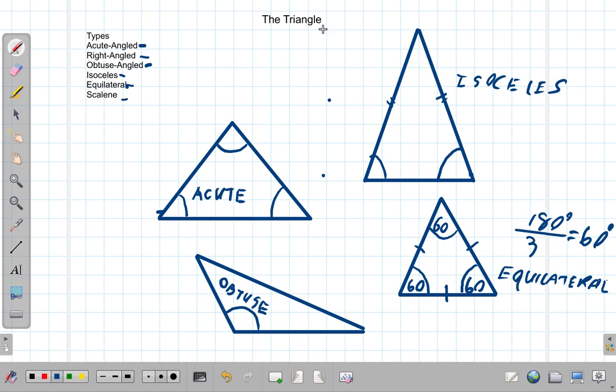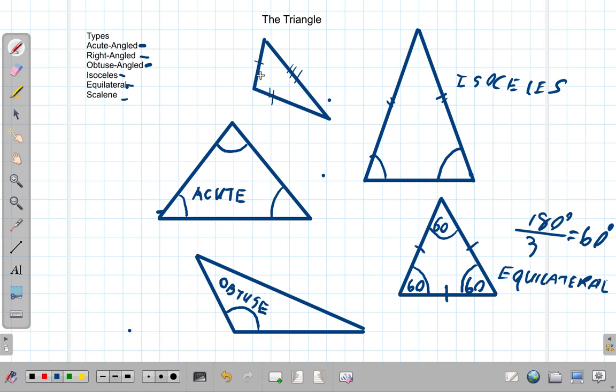An example probably would look like this. You have this side here. Let me draw this side longer than it, and this side is even longer. So to show the different length of the sides, I have one stroke here, two strokes here, three strokes here to show that they are of different lengths.